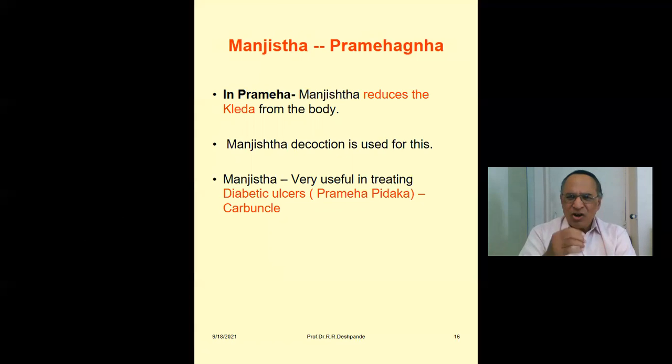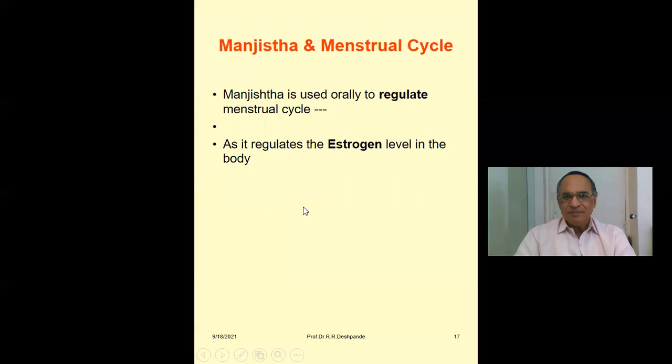Unwanted, watery waste part created because of faulty tissue metabolism in obesity, cholesterol and diabetes mellitus. There is excessive kleda at the level of Meda Dhatu, a fat metabolism problem and sugar metabolism problem. According to Ayurveda kleda is there, and that will be taken care of by Manjistha. Manjistha is very useful in treating diabetic ulcers, that is Prameha Pidaka in Ayurveda, carbuncle.